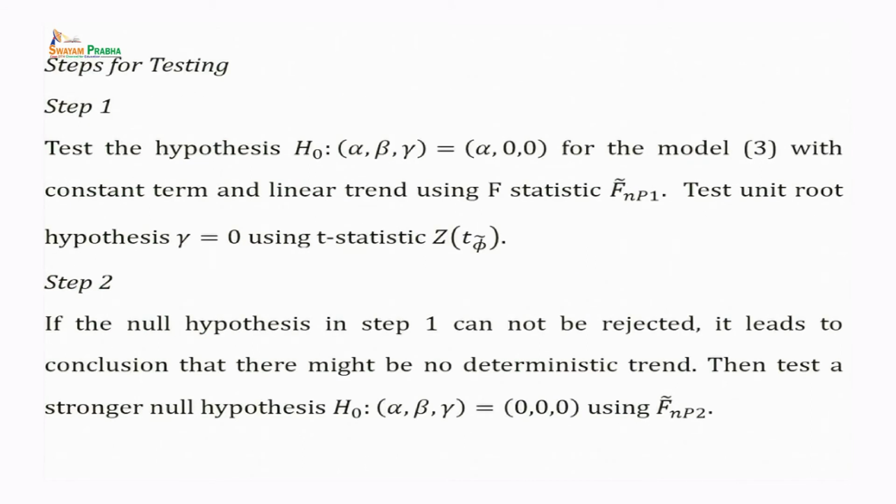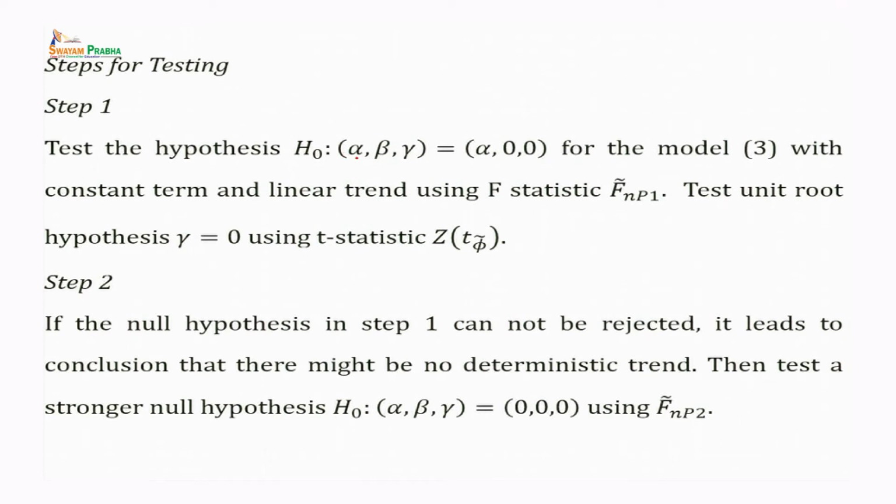Now, these are the steps for testing. Just like the augmented Dickey-Fuller test, we perform the Phillips-Perron test also in different steps. First, we test the hypothesis alpha, beta, gamma equal to alpha 0, 0, which means the process has no trend and it is an I1 process with drift, and in that case we consider model 3, which means under H1 it has a linear trend.